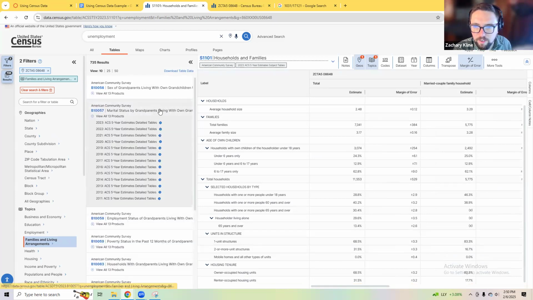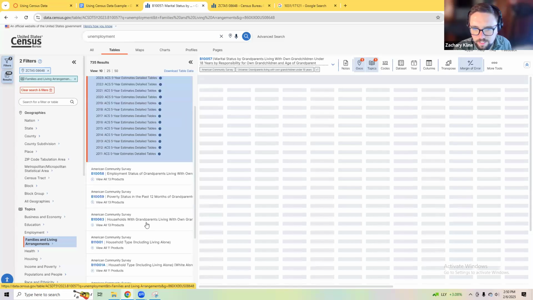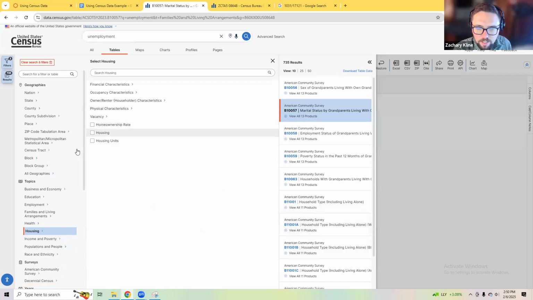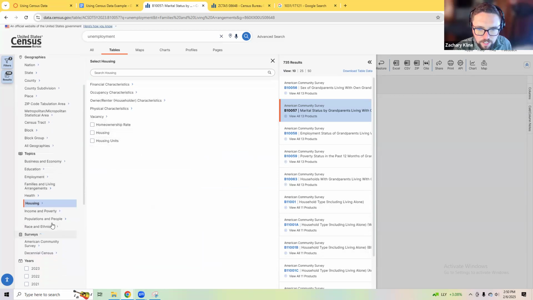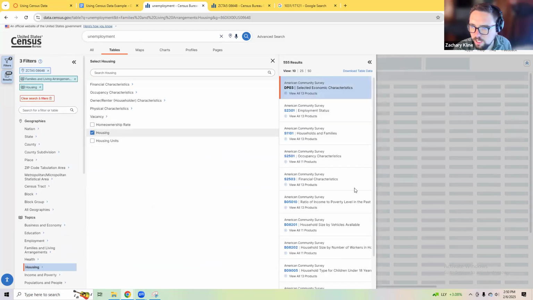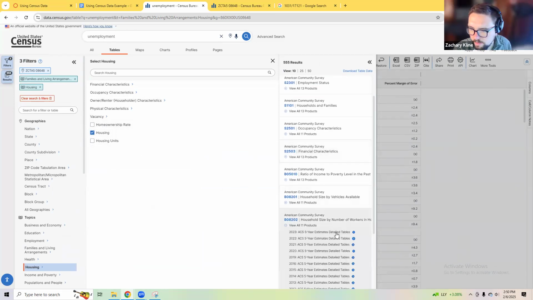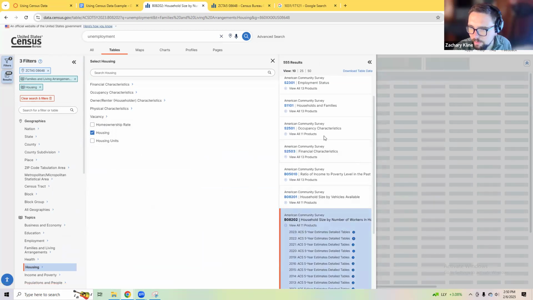Marital status by grandparents, potentially interesting here. Let's see if we can find something on household size by number of workers. Interesting.